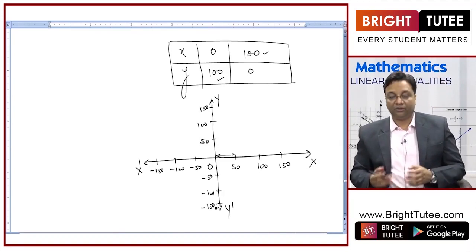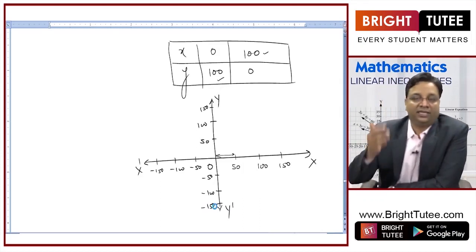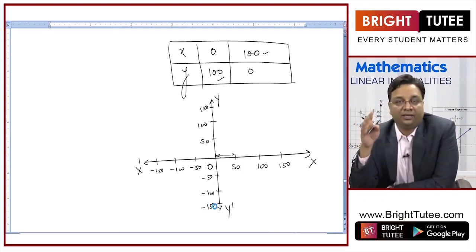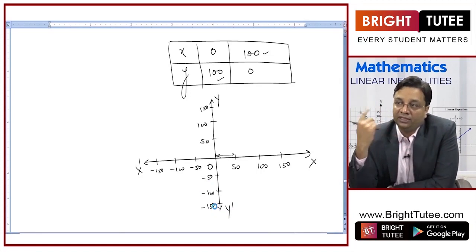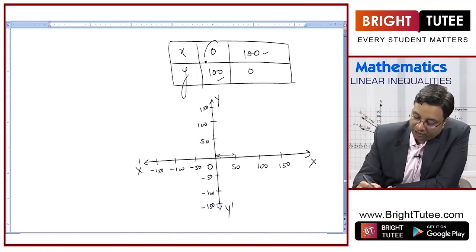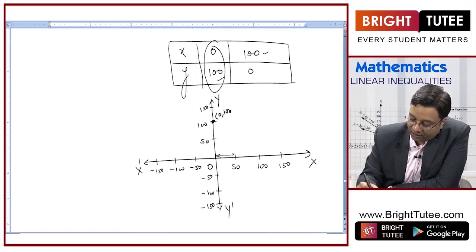So this is the beauty of these graphs, that you can take any suitable scale depending on the question or depending on the data that you want to draw in terms of a graph. Right? So one point is 0, 100. Abscissa is 0, ordinate is 100. So this will be the point 0, 100.